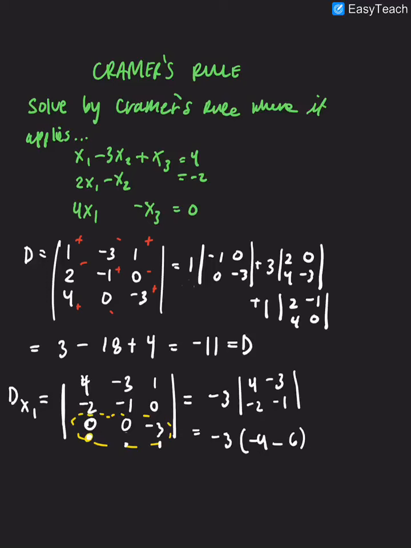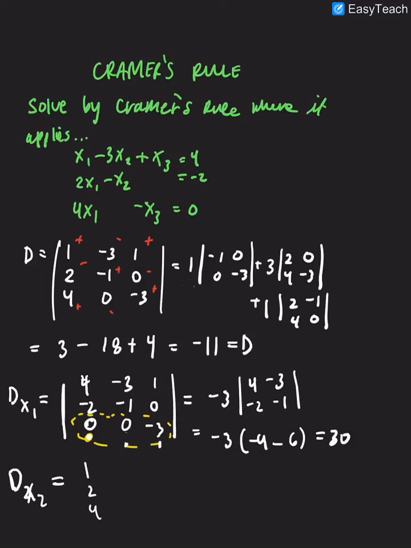And that's going to equal -10. And then we have -10 times -3, which is going to be 30. And we're going to do that same substitution for each column.